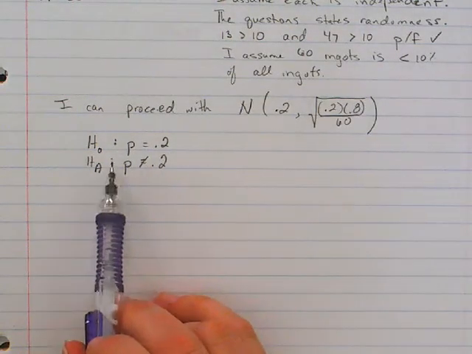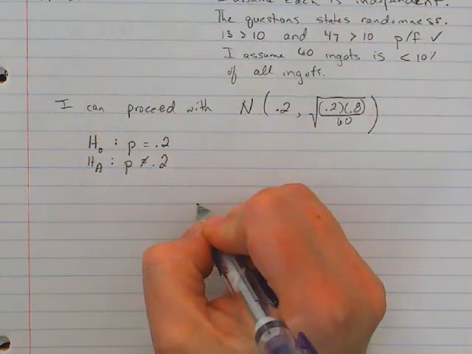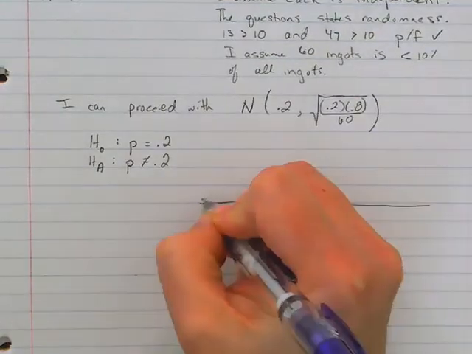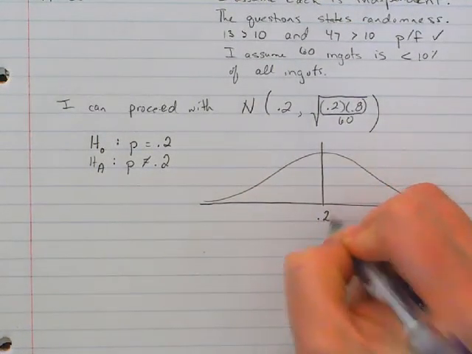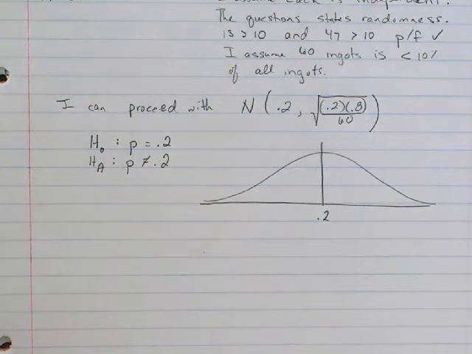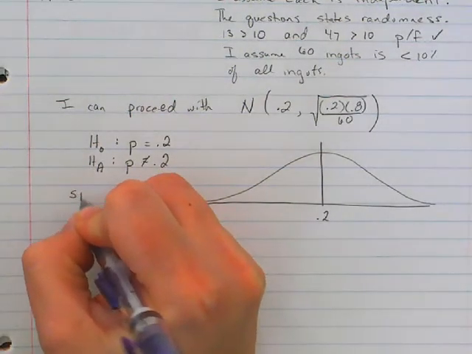So my null hypothesis is that I'm at 20%. My alternative hypothesis is that I am not at 20%. So I'm going to do my normal model, good old 0.2. And if we do our math, which I'm going to ask you to do while I'm doing it on my calculator, you will get a standard deviation.